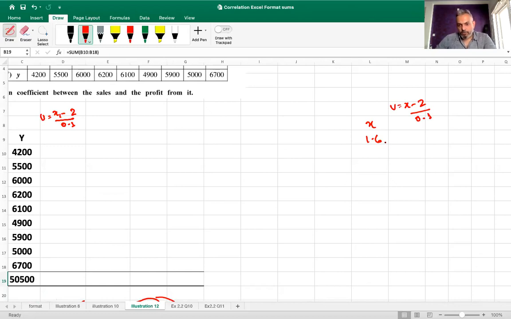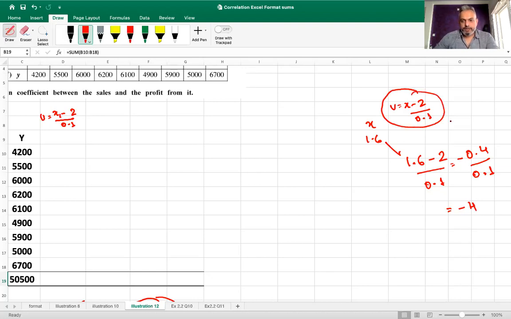So how will we solve this? It is 1.6 minus 2 upon 0.1, which is equal to minus 0.4 upon 0.1, which is equal to minus 4. So in this way we eliminate fraction.